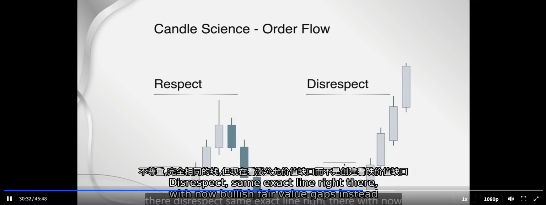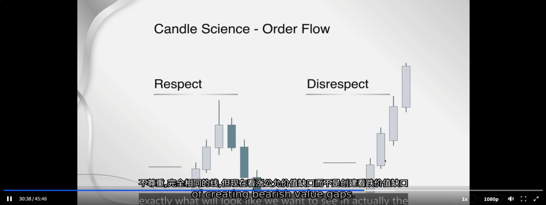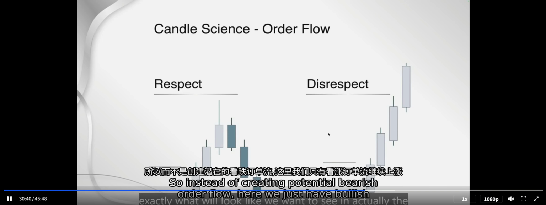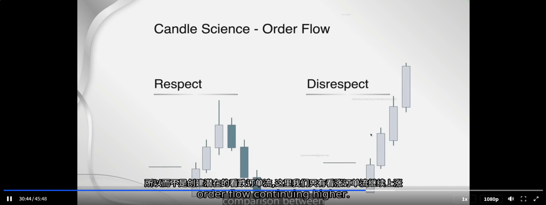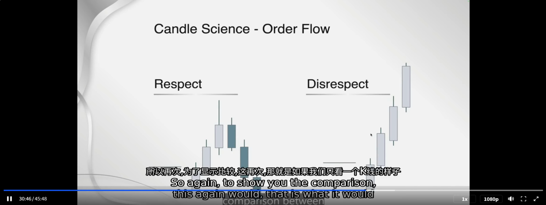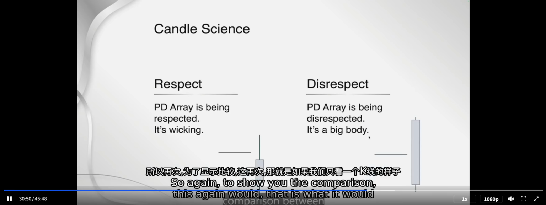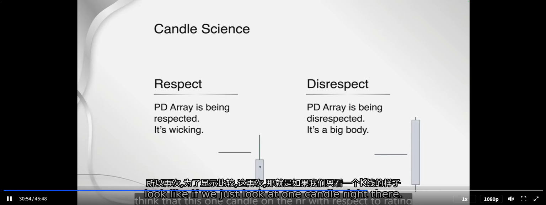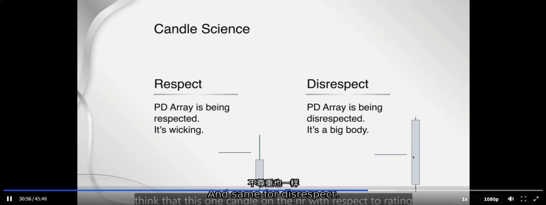Disrespect, same exact line right there, with now bullish fair value gaps instead of creating bearish fair value gaps. So instead of creating potential bearish order flow, here we just have bullish order flow continuing higher. So again, to show you the comparison, that is what it would look like if we just look at one candle right there, and same for the disrespect.